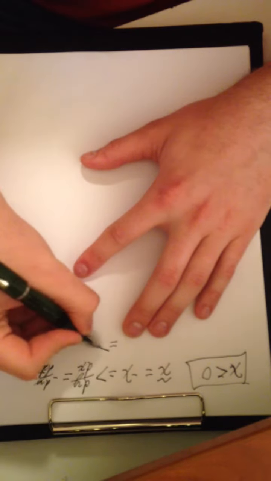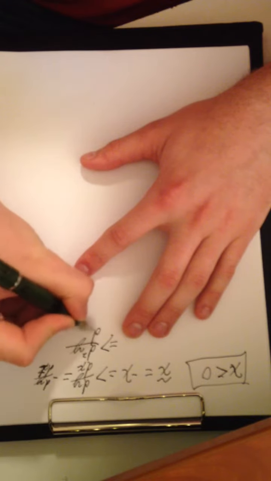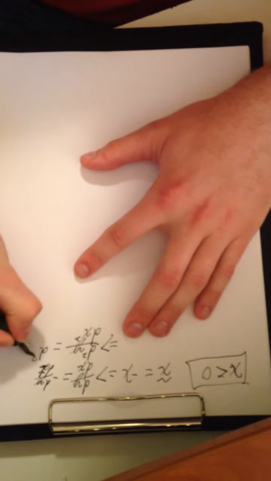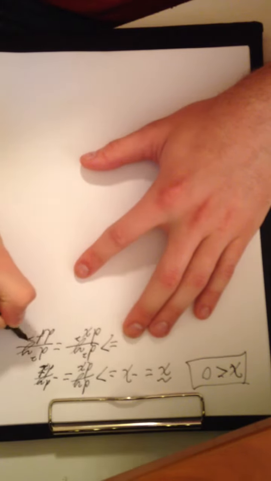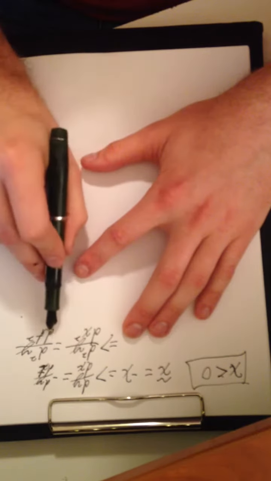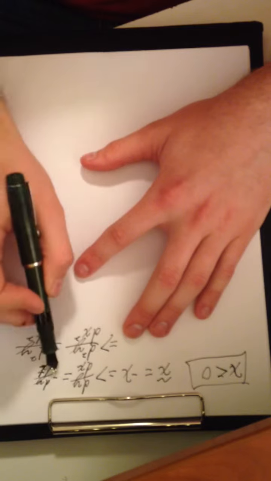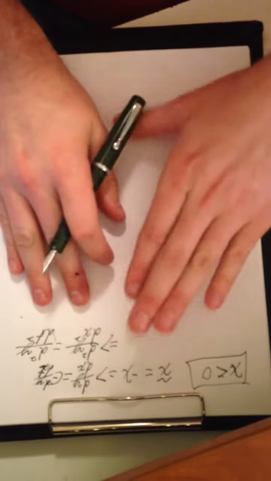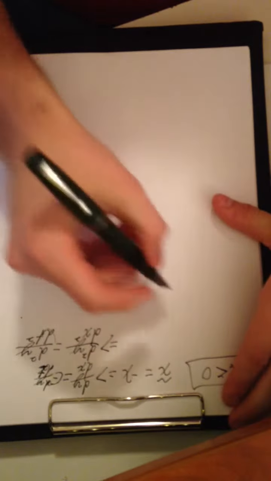And we are also stating that d squared y over dx squared is equal to d squared y over dt squared. Notice that for the second derivative, it does not become negative, but the first derivative does. Keep that in mind. So we're going to take these and plug them back into our original equation.